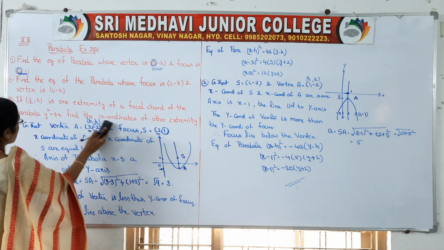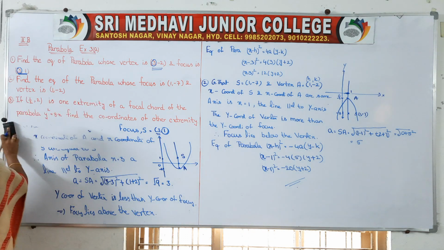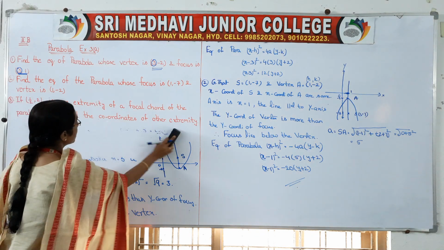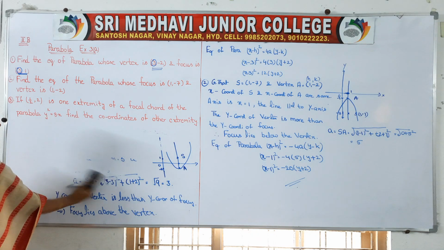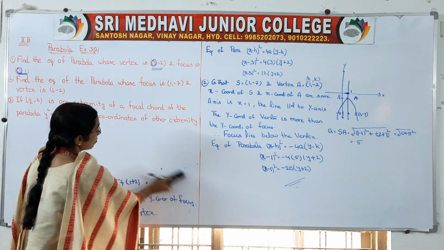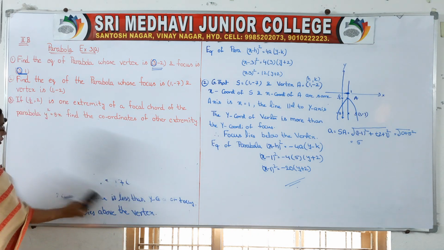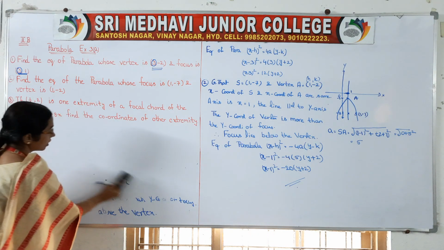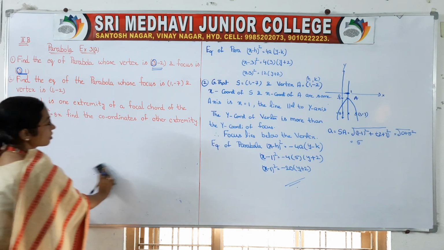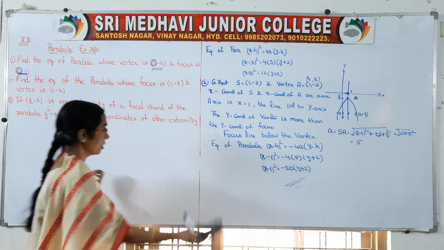Now come to the third question. What is your third question? If (1/2, 2) is one extremity of a focal chord of the parabola y square is equal to 8x, find the coordinates of the other extremity.